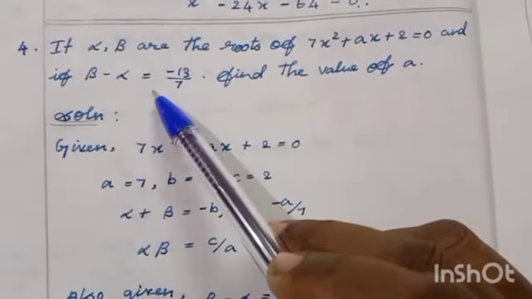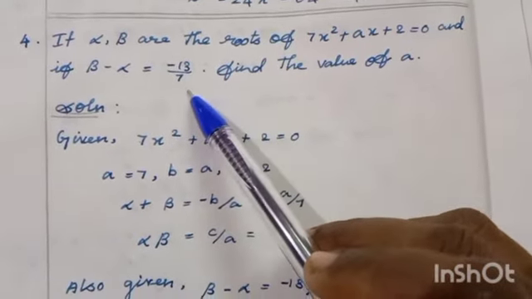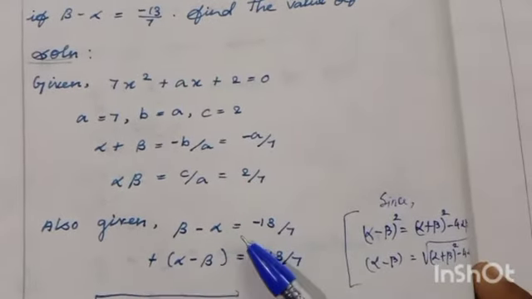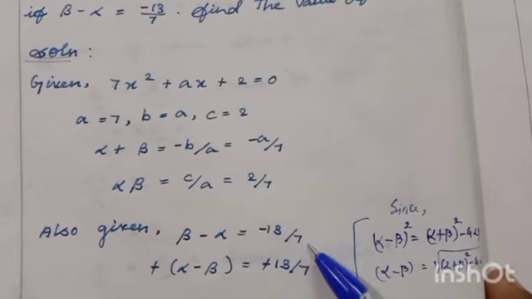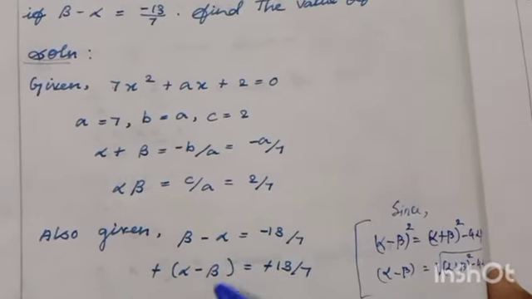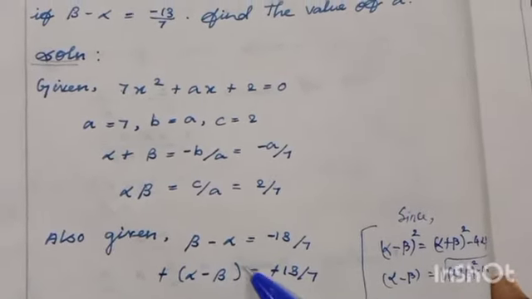Okay. Also, what is given in the question? Beta minus alpha is equal to minus 13 by 7. This is rewritten as minus of alpha minus beta.